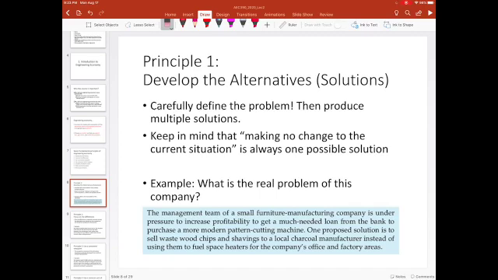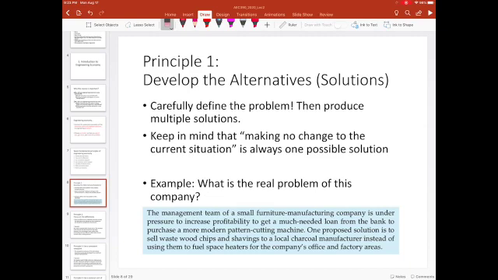You want to develop alternatives, but first you need to know what your problem is, because without knowing the right problem, your alternatives might be worthless. And whenever you have the problem correctly defined, that's the time you produce multiple solutions.